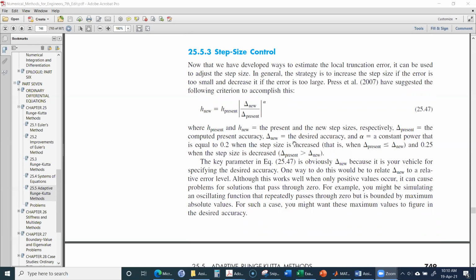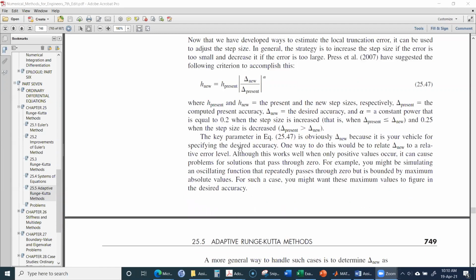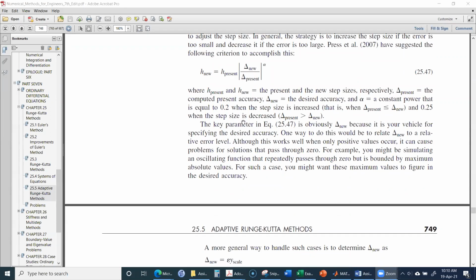And in those areas where the error comparison shows that the function is increasing or decreasing rapidly, we will be able to decrease the step size. So this formula works in that way. We can calculate delta present by the previous two methods. The delta new we need to set ourselves to some value.